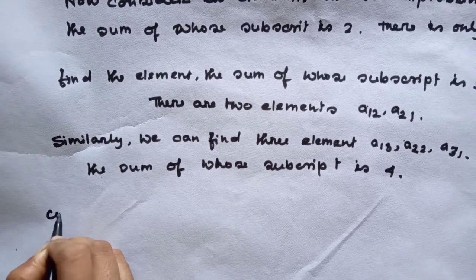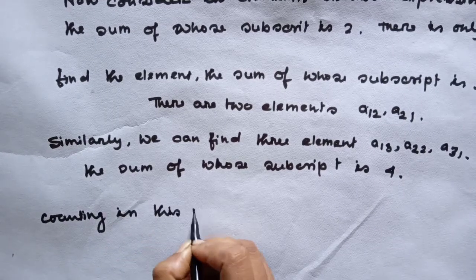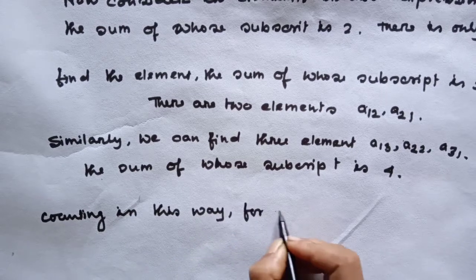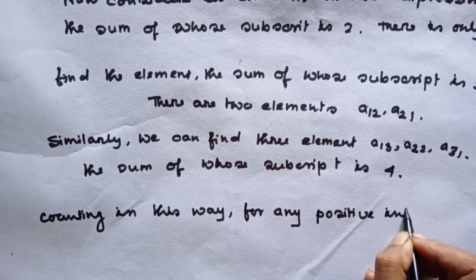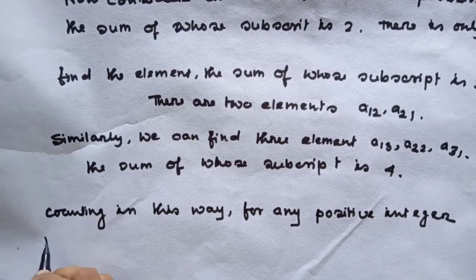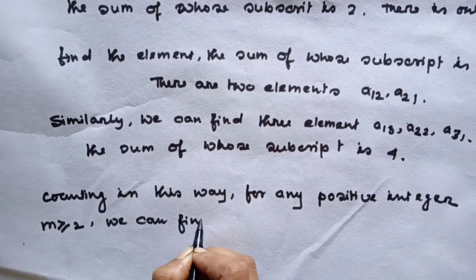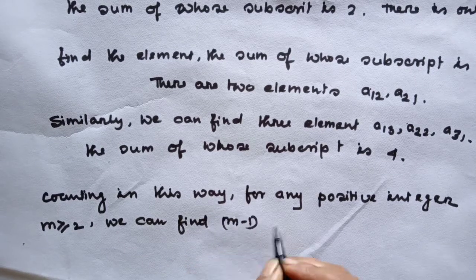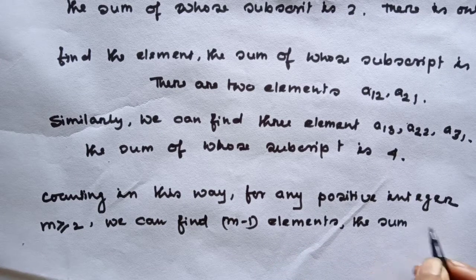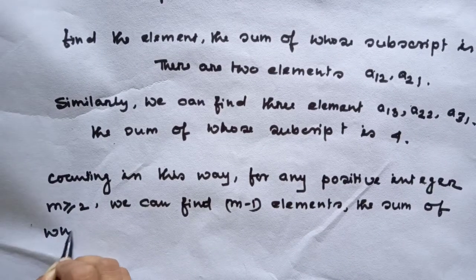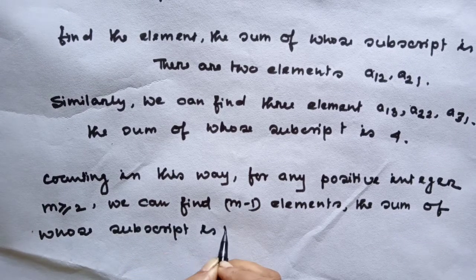Counting in this way, for any positive integer m greater than or equal to 2, we can find m minus 1 elements whose sum of subscripts is m.